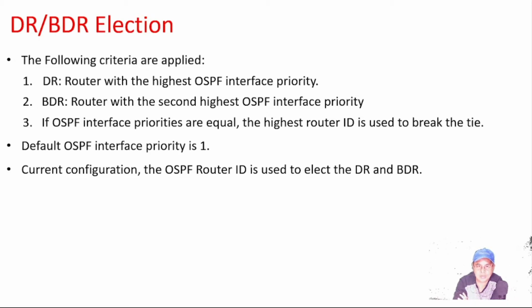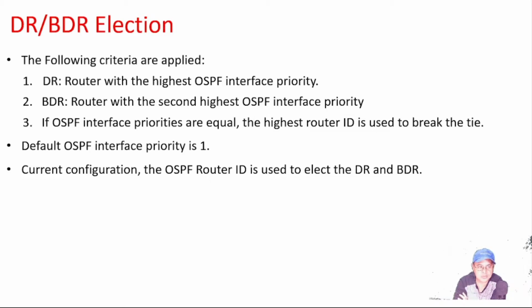The router with the highest OSPF interface priority will be the DR, and the router with the second highest OSPF interface priority will be the BDR. If OSPF interface priorities are equal, the highest router ID will be used to break the tie.